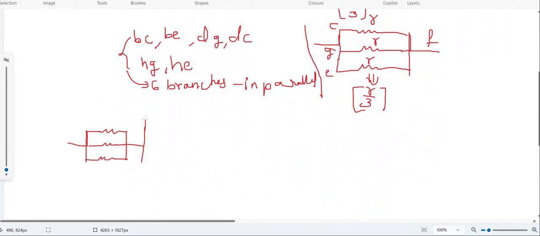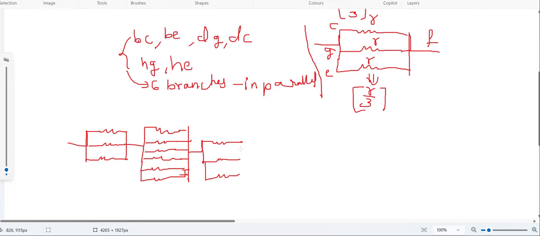In the second step, there will be 6: 1, 2, 3, 4, 5, then 6. Now what are they? DE, DC, DG, BC, HG, HE. And then in the last step, we have another 3.